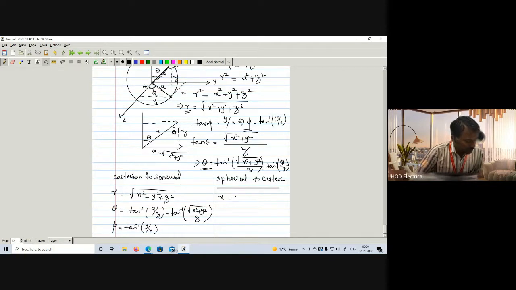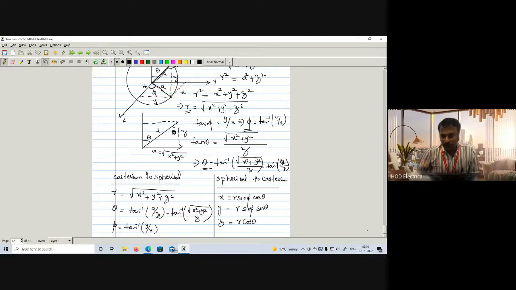X is equal to r into sine phi into cos theta. Y is equal to r into sine phi into sine theta. Then z is equal to r into cos theta. So this is what we have derived from the previous equation.